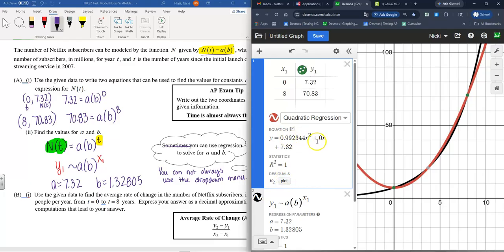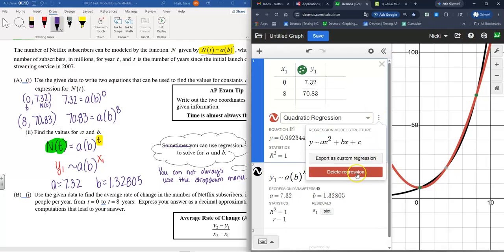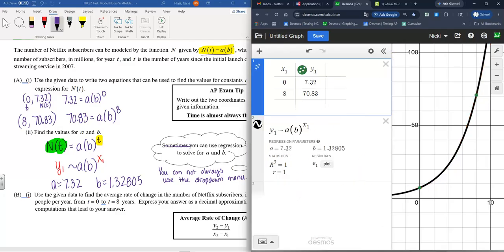It is ax squared plus bx plus c for that. If you have a different form of that, even if it is still a quadratic, it's not going to do it correctly. So we probably really are better off just sticking with the squiggle because it works every single time.